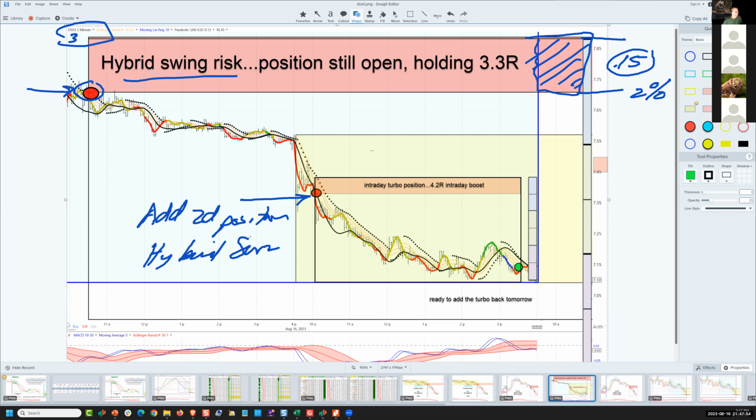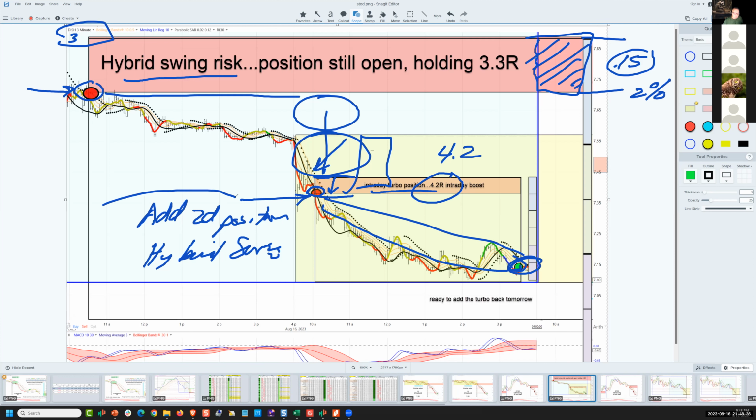That, on the 3-minute chart, adds 4.2R with no overnight risk. And I keep the second position on, which was coming from the 2R battle drill, with a wider stop. And now this one you could decide, do I want to just get out of all of that? The second position from the hybrid, which was 2R, and the 4.2R.